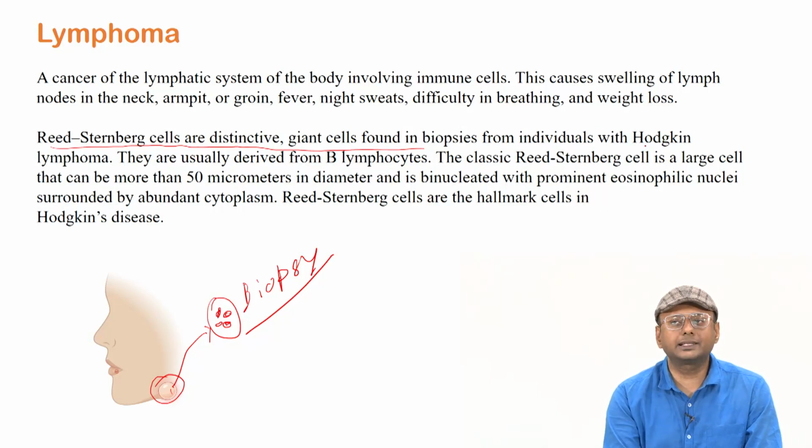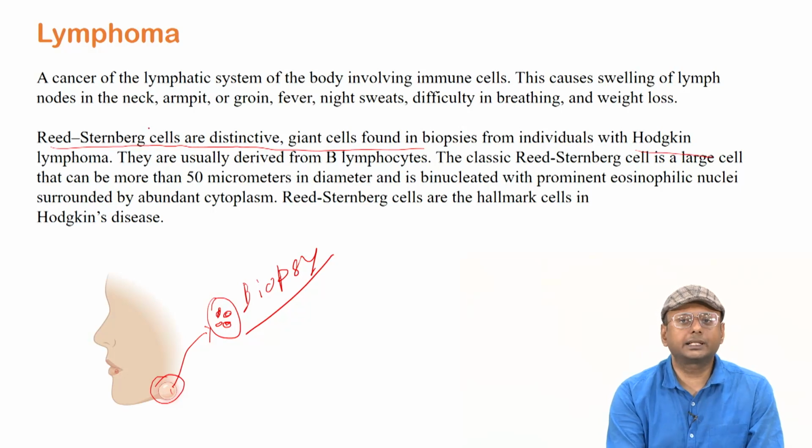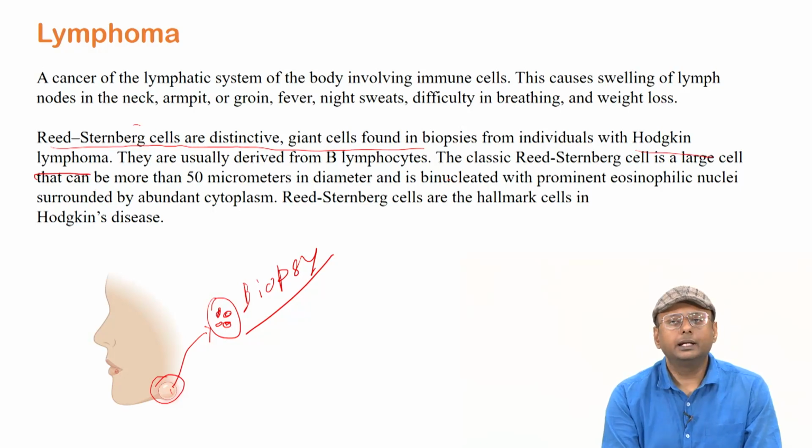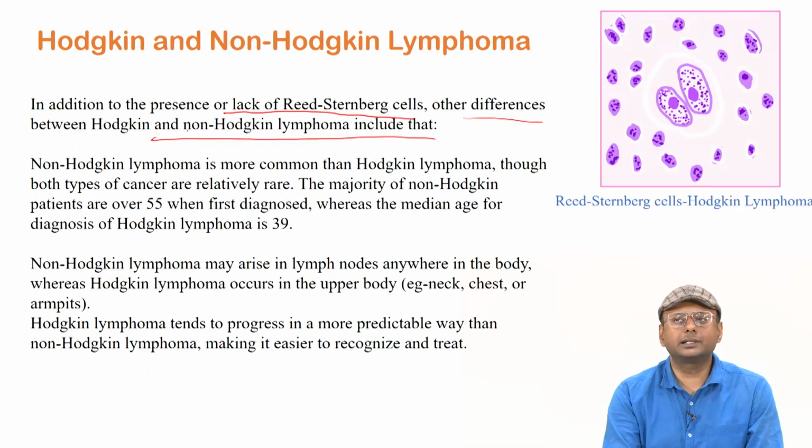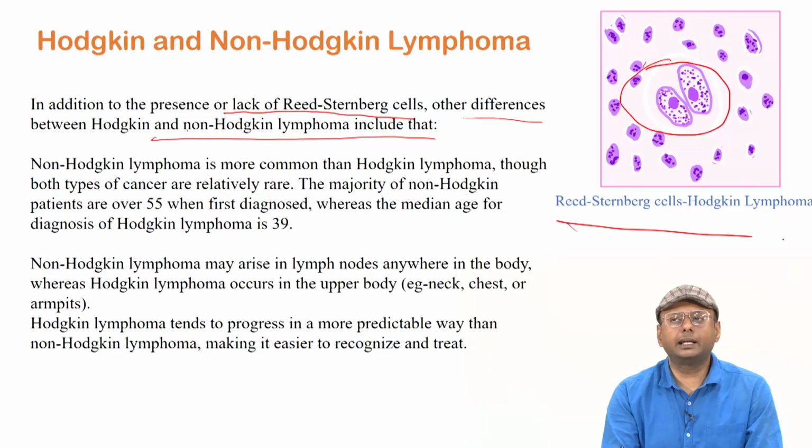They are only present in cases of Hodgkin lymphoma, and these are derived from B lymphocyte cells. The Reed-Sternberg stained cells, which you can see here, are the hallmark of Hodgkin lymphoma.